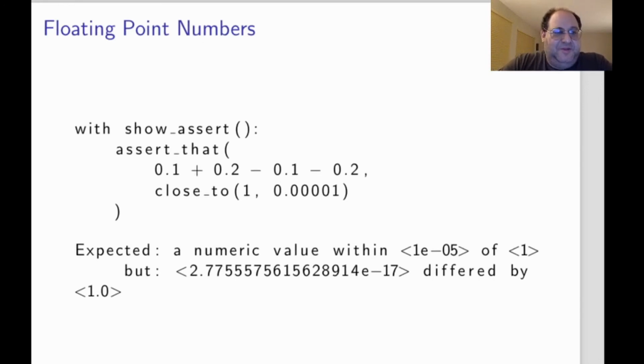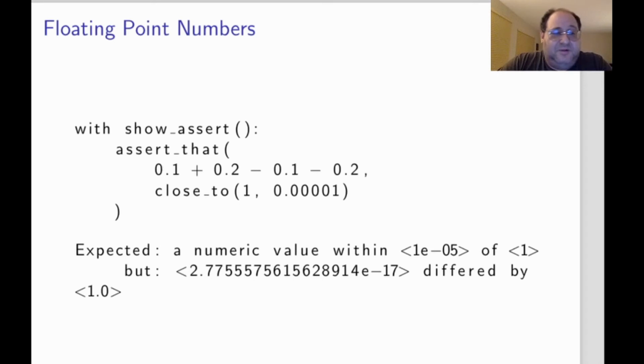Let's talk about floating point numbers. So we assert that 0.1 plus 0.2 minus 0.1 minus 0.2, which looks like it should be 0, but it's not 0, because floating point numbers are weird. But Hamcrest knows that they're weird, it expects it, so it gives us an assertion that it's close to.